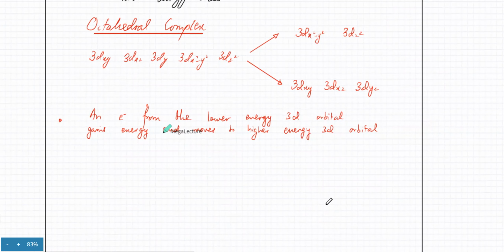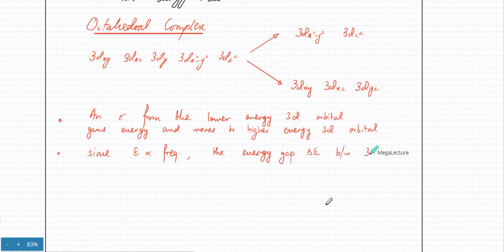And the next point would be that since energy is proportional to frequency, the energy gap delta E between the 3d orbitals exactly matches frequencies from the visible spectrum.